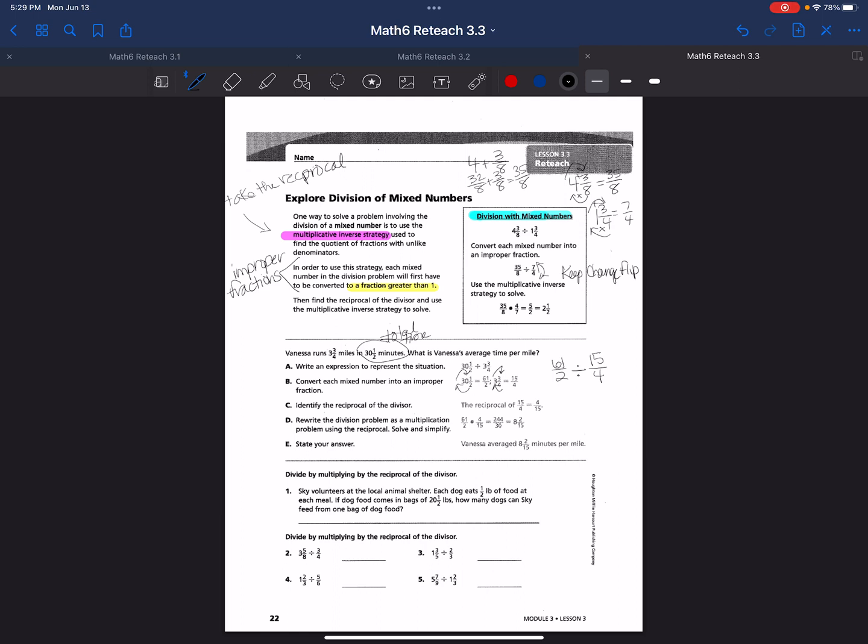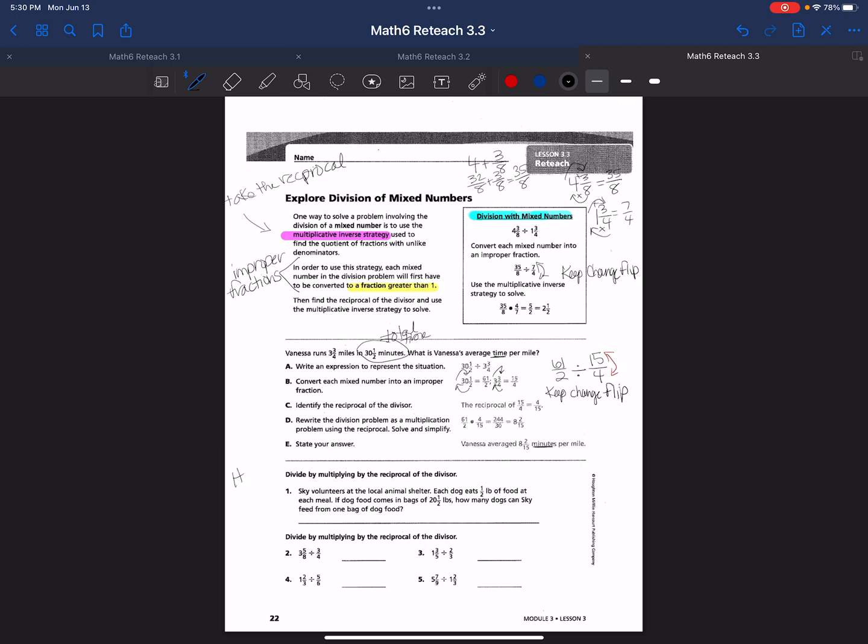Now, the reciprocal of 15/4 is 4/15. So we're going to do keep, change, and flip. And that's what they have here, 61 halves times 4/15. Then they multiply it across and they get 244 divided by 30. We get 8 2/15. So Vanessa averaged 8 2/15 minutes per mile, because here's the time and that's minutes.